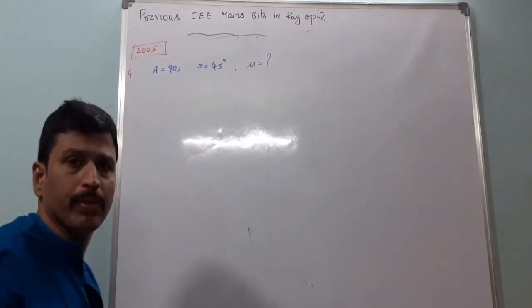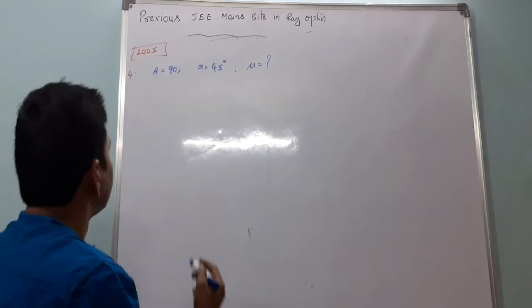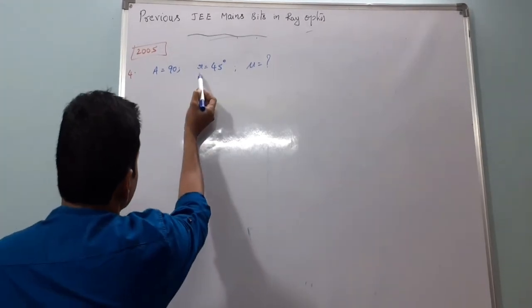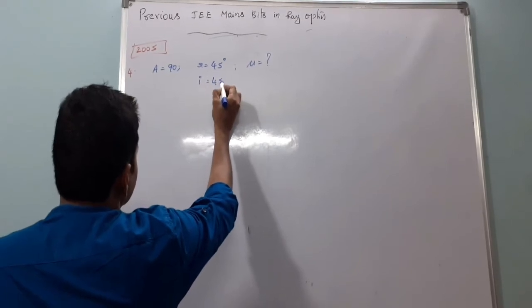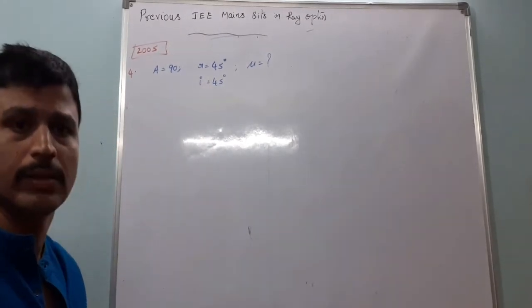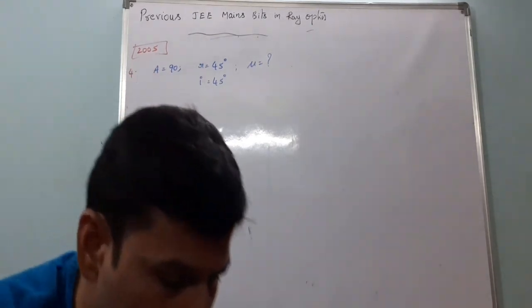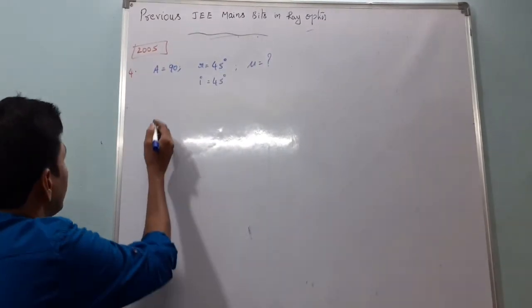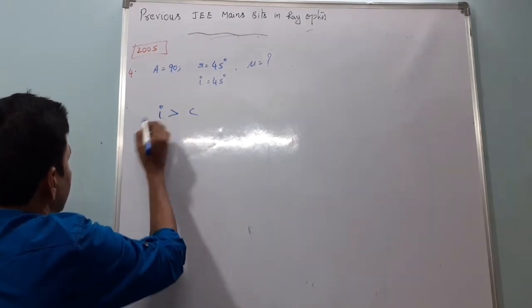We know that the angle of incidence is equals to angle of reflection. So here angle of reflection equals to 45 degrees. That means angle of incidence also 45 degrees. So we know the condition, angle of incidence must be greater than critical angle.